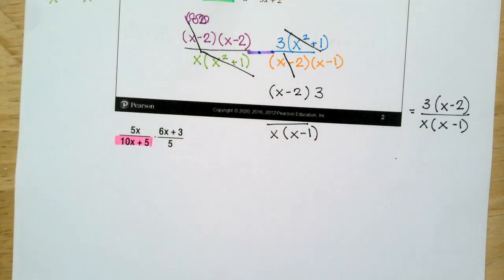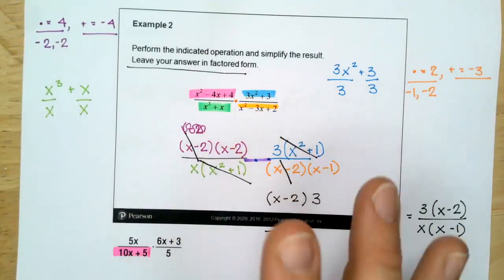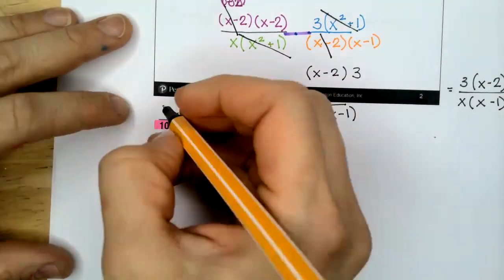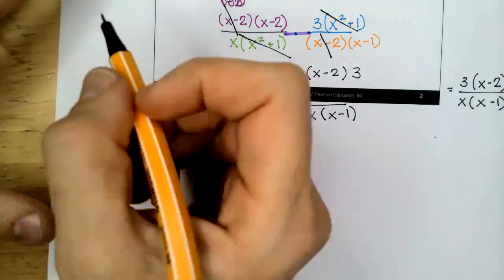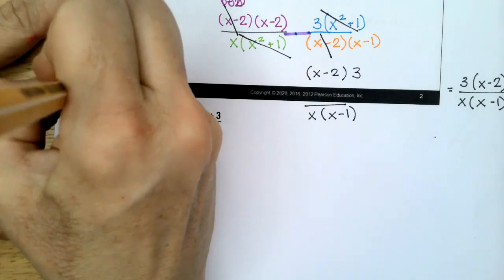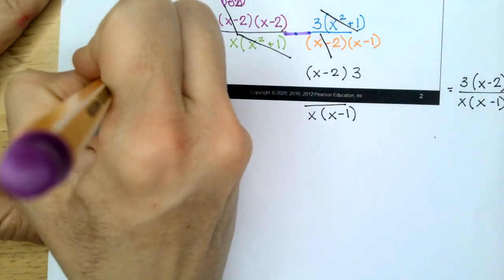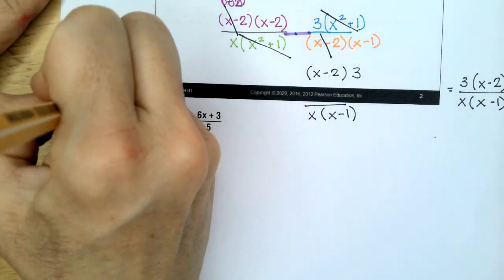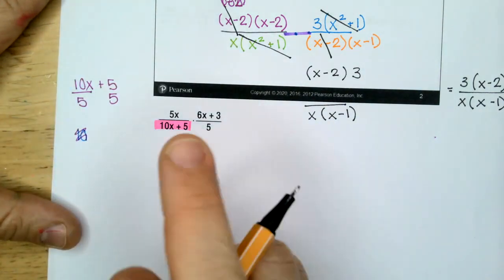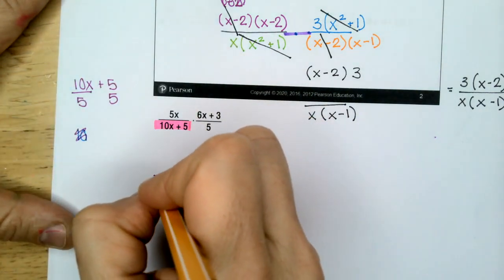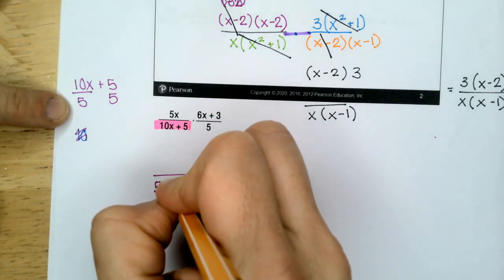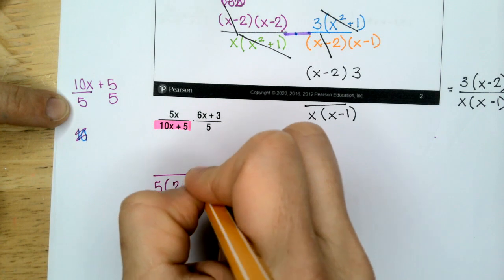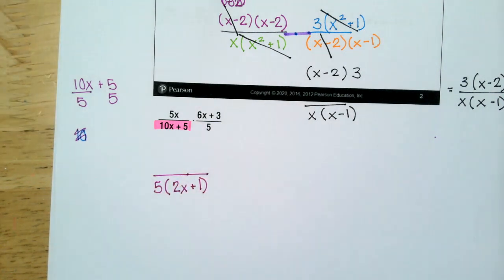It's not a trinomial, so it's not going to be two binomials, but 10x and 5, it's a positive. I can divide them both by 5. So 10x plus 5 becomes 5 times 10x divided by 5 is just 2x. 5 divided by 5 is 1. Okay? 5x remains 5x.